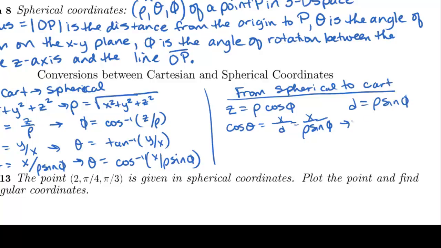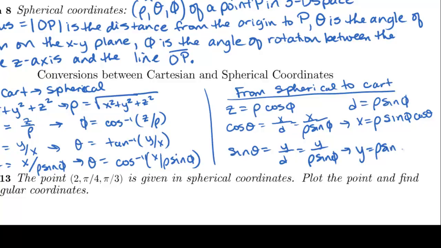And if you rearrange that, you get that x is equal to, just multiply that up to the other side, rho times the sine of phi times the cosine of theta. And similarly, sine of theta is equal to y over D, which is y over rho times the sine of phi. So y is equal to rho times the sine of phi times the sine of theta.